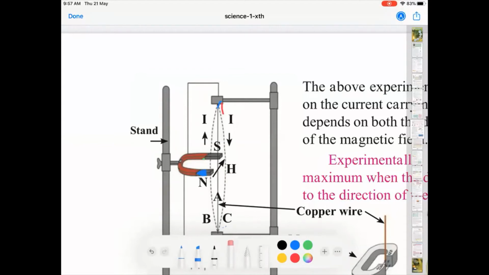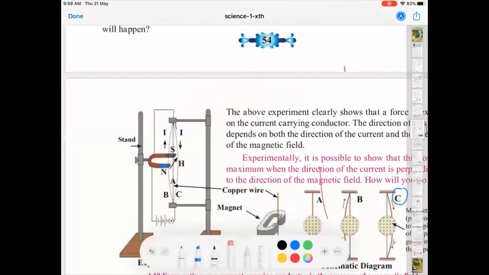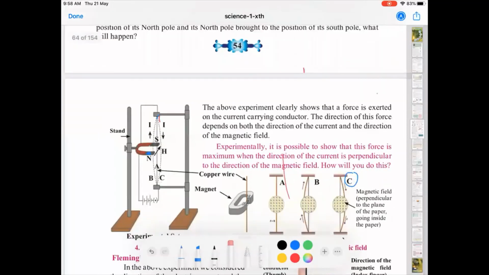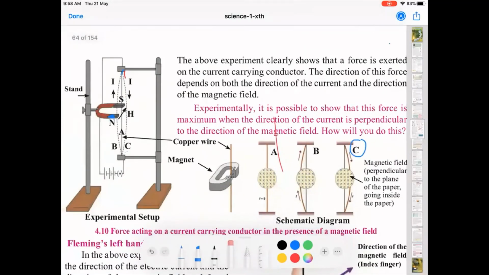So basically what is happening is when you're changing the direction of the current, the poles are changing. So there is a possibility that the north pole of the magnetic field of the horseshoe magnet, as well as the magnetic field which is created by the current in the wire, are similar, so they repel. And when you reverse it, what was north becomes south, and what was south becomes north, so it gets attracted.